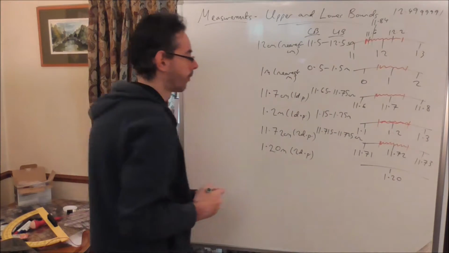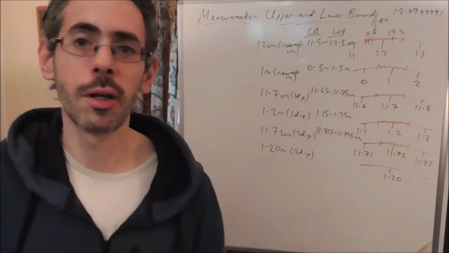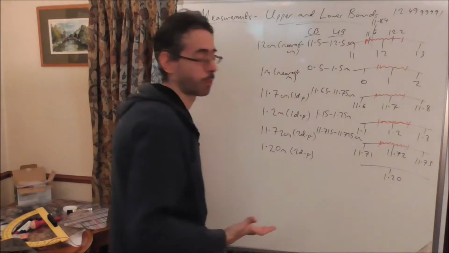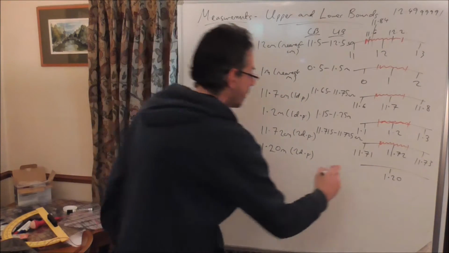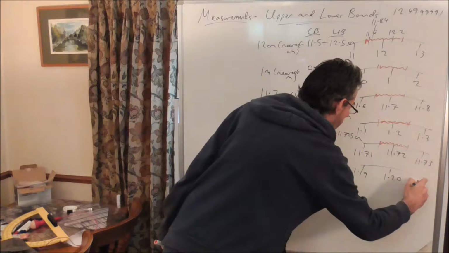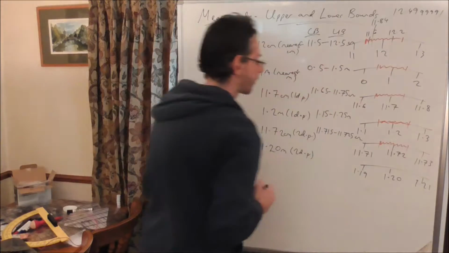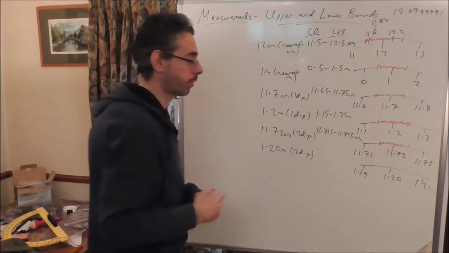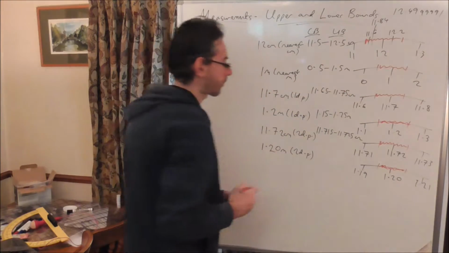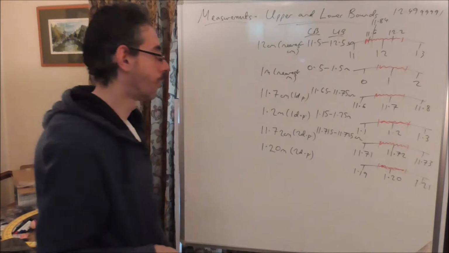So 1.20 is there. That's what it rounds to 2 decimal places, which means that 1.20 is the 2 decimal place number it's closest to. Just marking the pair of 2 decimal place numbers either side, 1.19, 1.21. Since it rounds to 1.20, it must be in this range. So the lower bound, what's that?